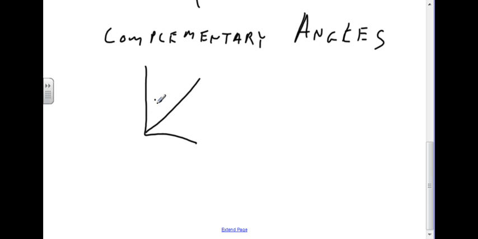So if this is 55 degrees, then the other side has to be 35 degrees, because the sum of complementary angles has to be 90 degrees. So I've got a 90-degree angle there, and 55 and 35 adds up to 90. And after complementary angles comes supplementary angles.